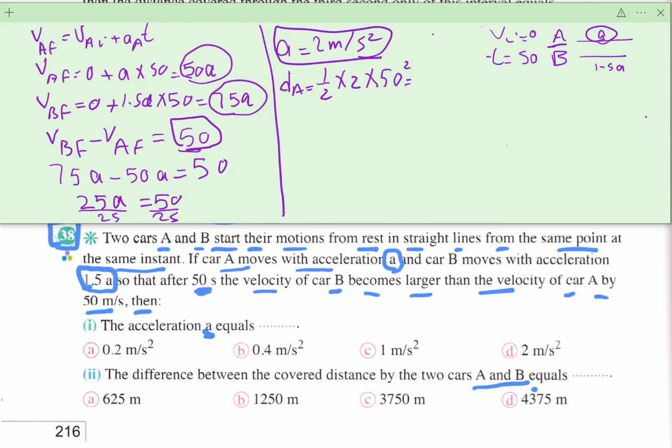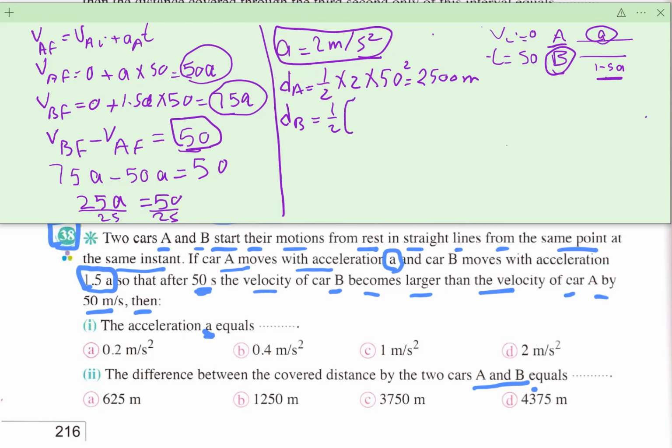This is equal to 2,500 meters. For the distance for B, V initial T, you know V initial is 0, plus half the acceleration of B, we got it, 1.5A, and A equal 2.